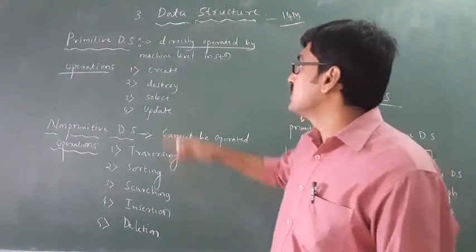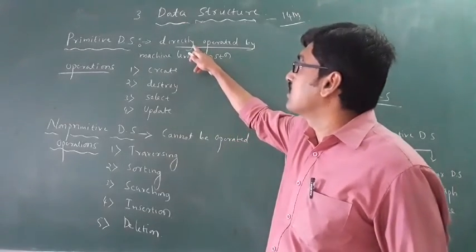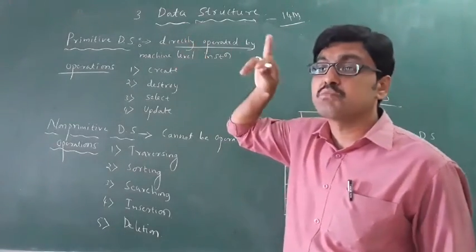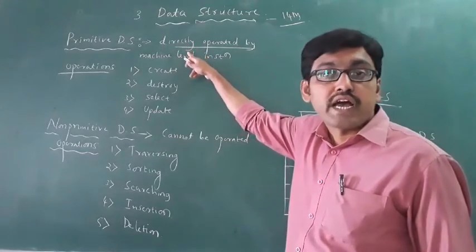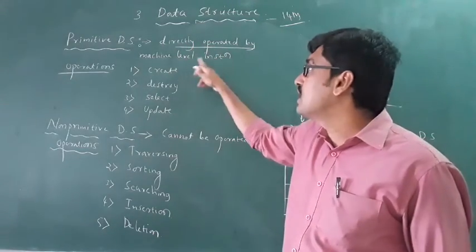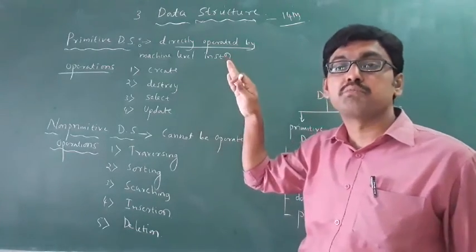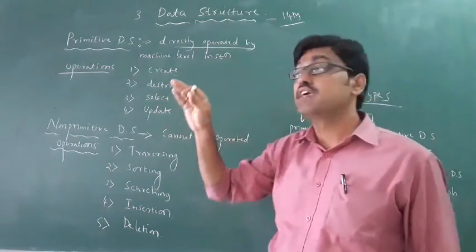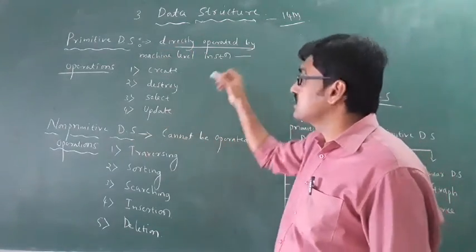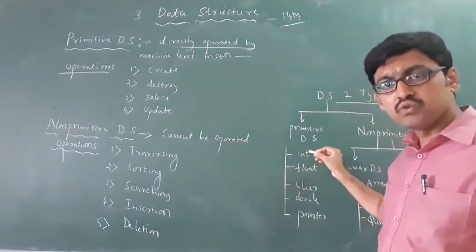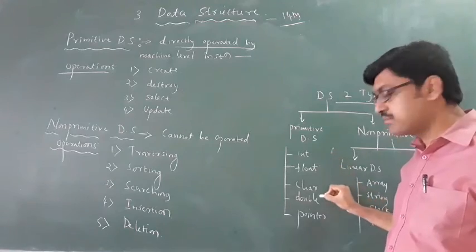That's why primitive data structure is a data structure directly operated by machine level instruction. Machine level instruction means the machine can understand these data structures. Examples you already know: int, float, char, double.